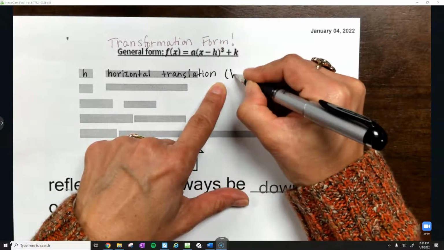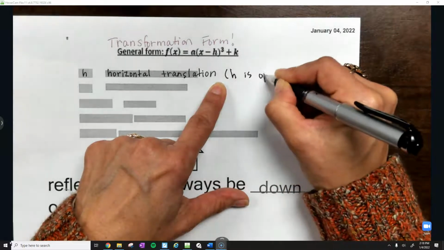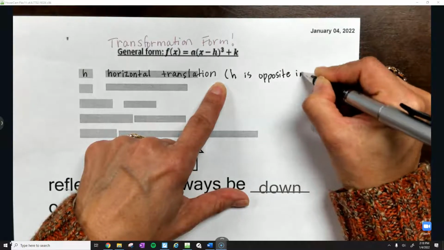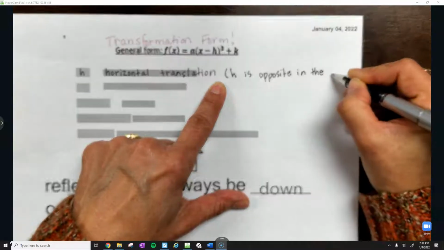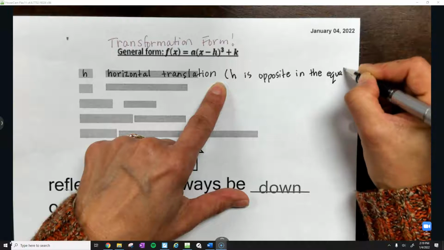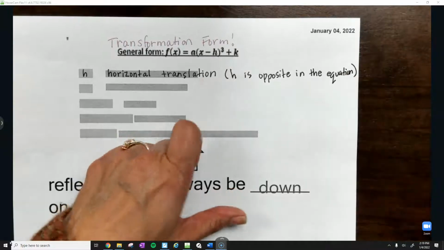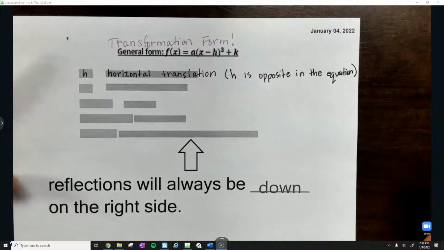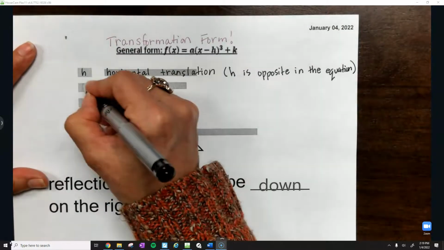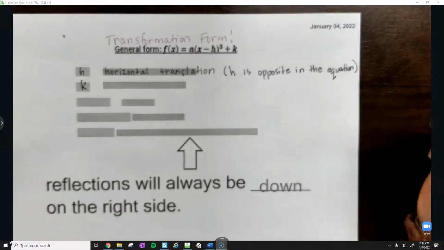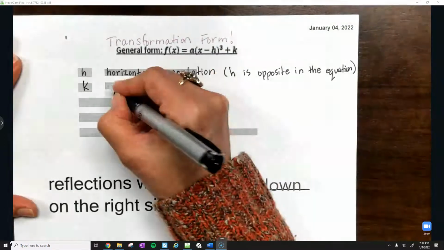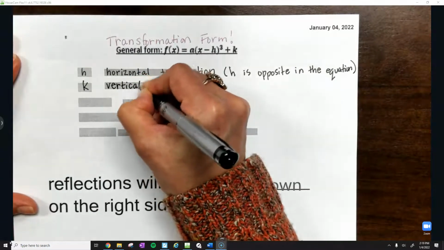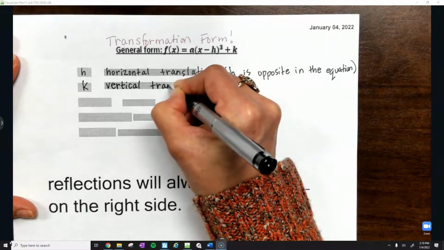And remember, H is opposite in the equation. You always have to change the sign in the equation for the letter H. And then at the end of that transformation is K. You guys know K. It's a vertical translation.